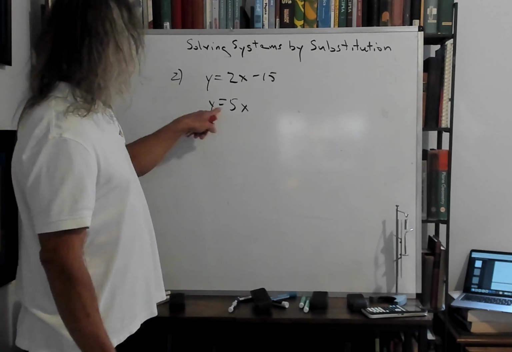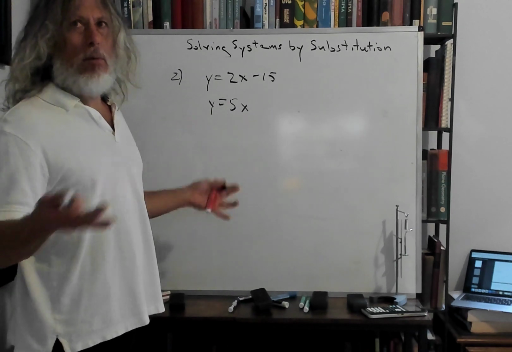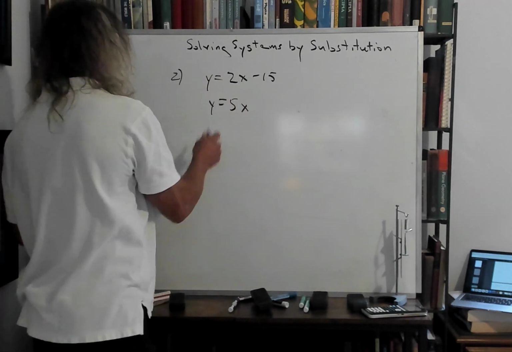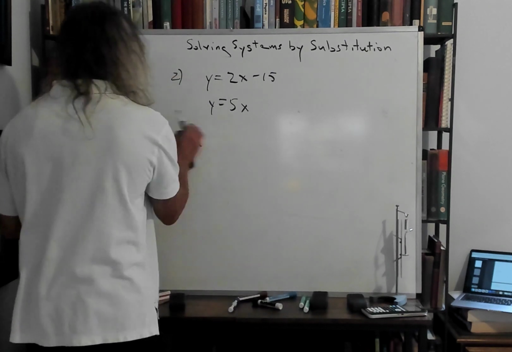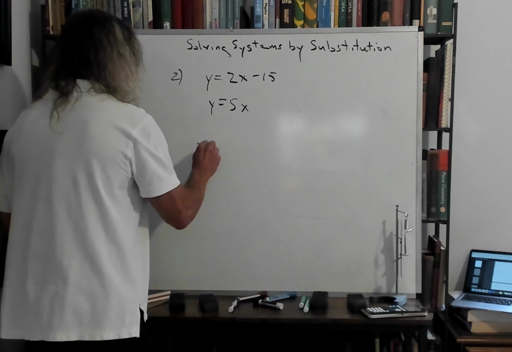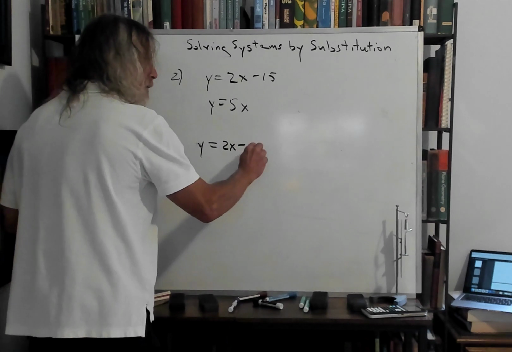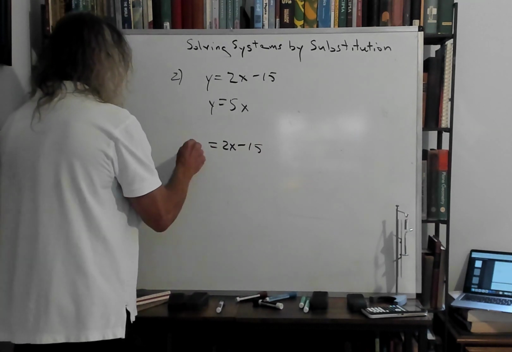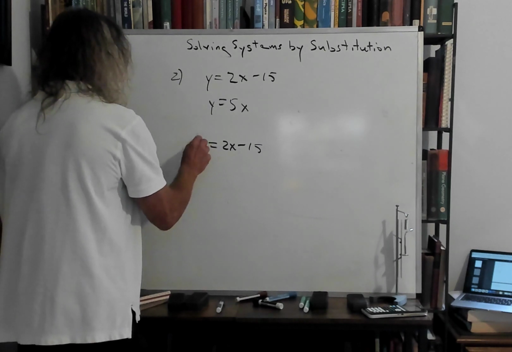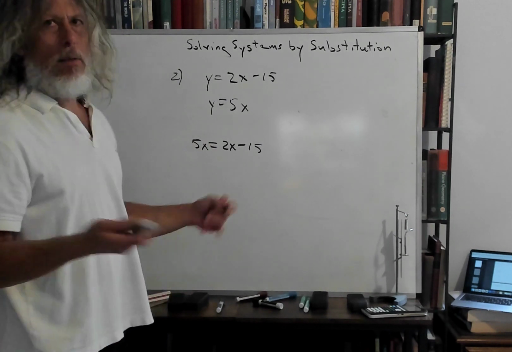So Y is 5x. So I put a 5x in place of it here. You can think of it like y is 2x minus 15, or y is 5x. If it's 5x, I can put a 5x there, because y is 5x. Then we solve.